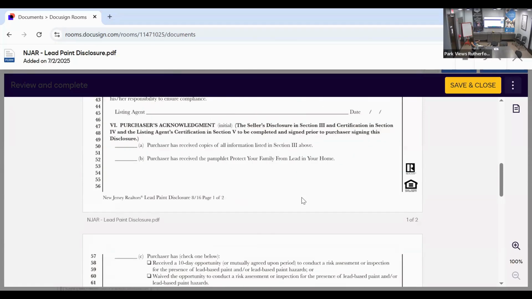I can't tell you how many times people on the listing side receive the lead paint back from the tenant agent and the tenant has not initialed A or B. They need to be initialed. It is not your fault if they may not have provided the lead paint document.